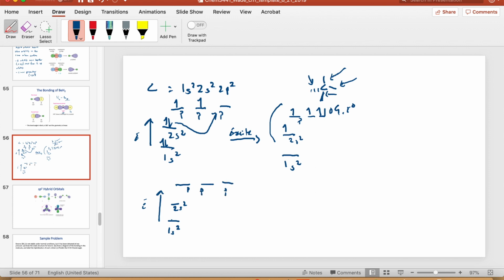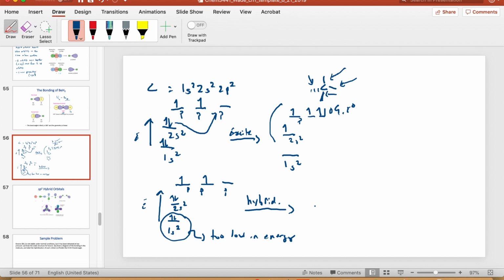So here's the generic structure that we have at the beginning, and here we're going to hybridize. And now this guy we don't care about, he's too low in energy.